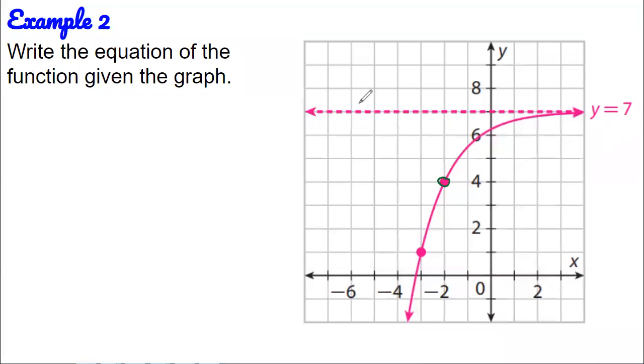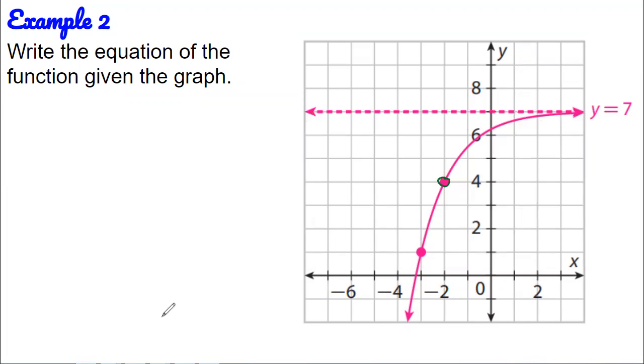I'm saying your first reference point should be the one closest to the asymptote. Either way, it should give you the same result.